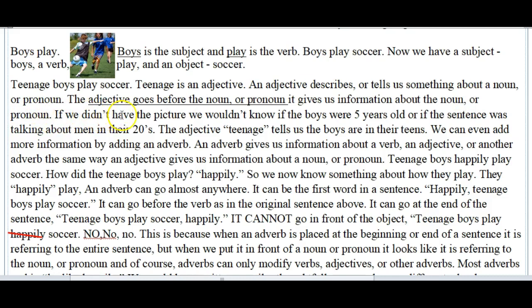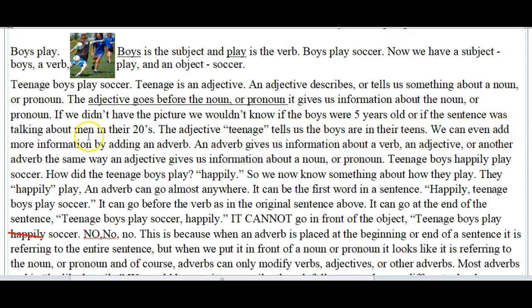If we didn't have the picture, we wouldn't know if the boys were 5 years old or if the sentence was talking about men in their 20s. The adjective "teenage" tells us the boys are in their teens.